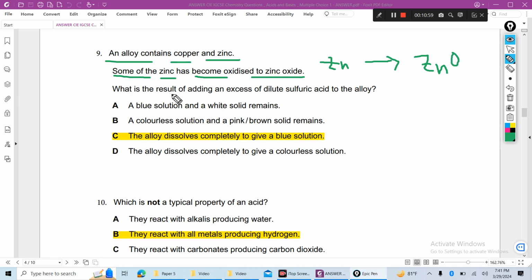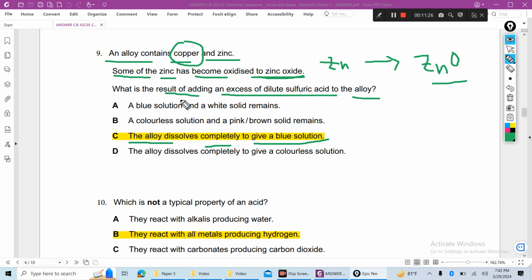So what is the result of adding excess dilute sulfuric acid to the alloy? The zinc oxide alloy dissolves completely to give a blue solution, because copper, some of the zinc has been oxidized to zinc oxide.